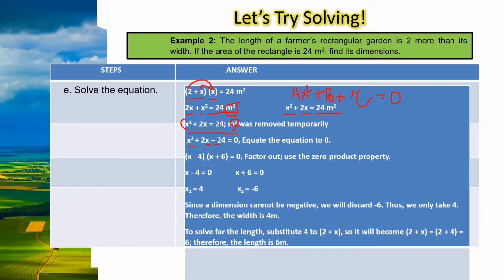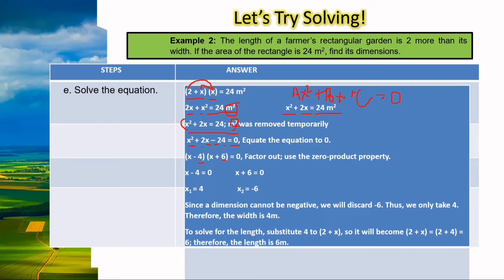And to get its factors, we're going to equate it with 0 using the zero property. What are the factors of negative 24 that if we add will result to 2? Yes, it's positive 6 and negative 4.